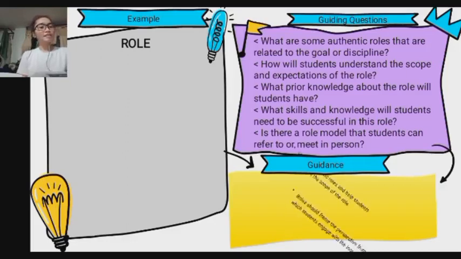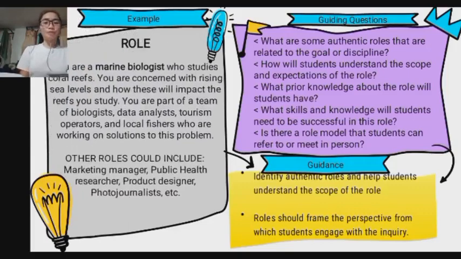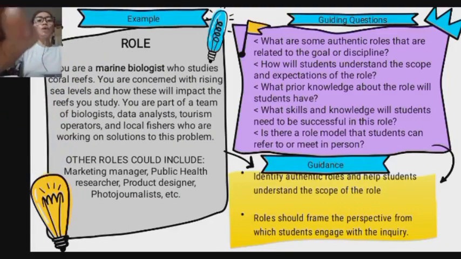So the guidance are the following. Identify the authentic roles and help students understand the scope of the role. And roles should frame the perspective from which students engage with the inquiry. So we have here an example of a role. You are a marine biologist who studies coral reefs.